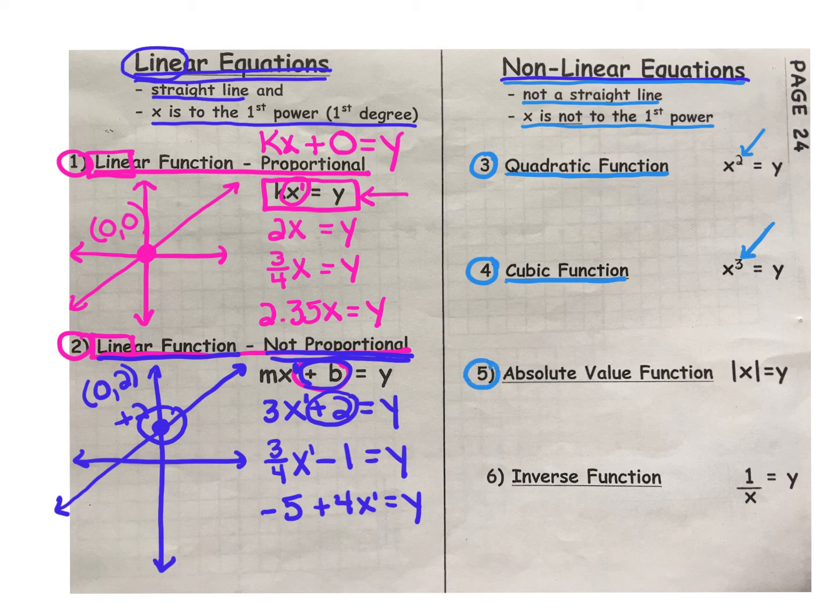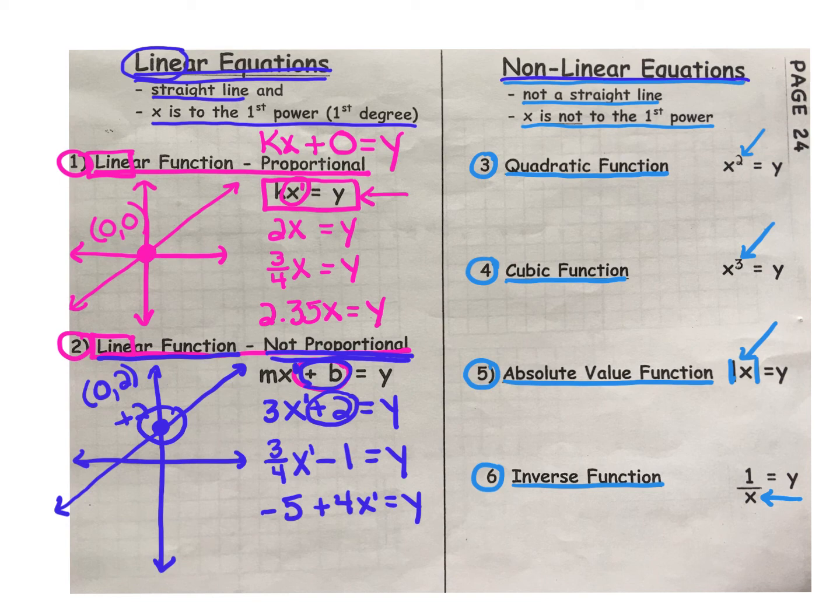Number 5, x is shown inside the absolute value symbol. This is called an absolute value function. And in number 6, this is an inverse function, where x is in the denominator.